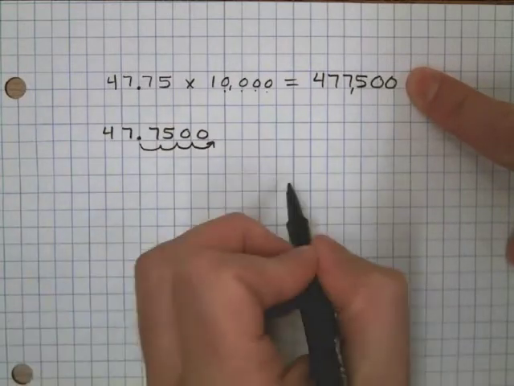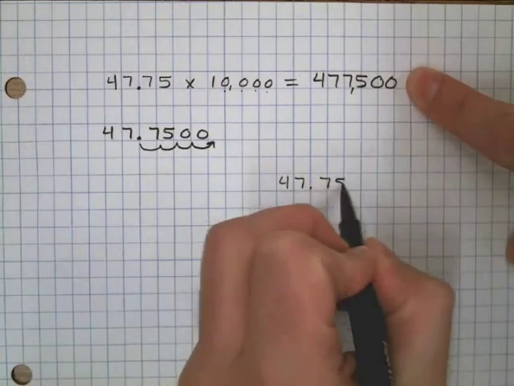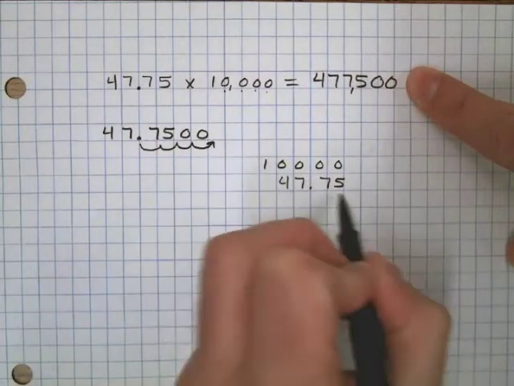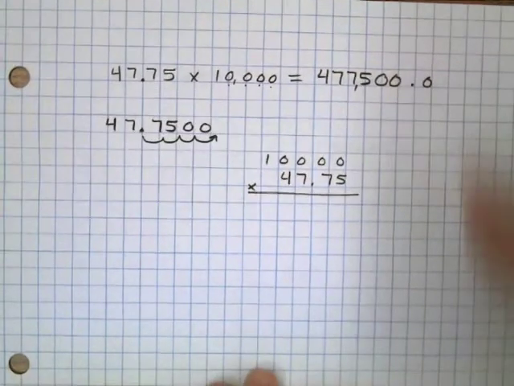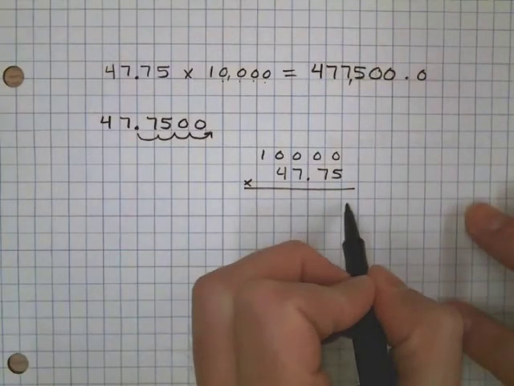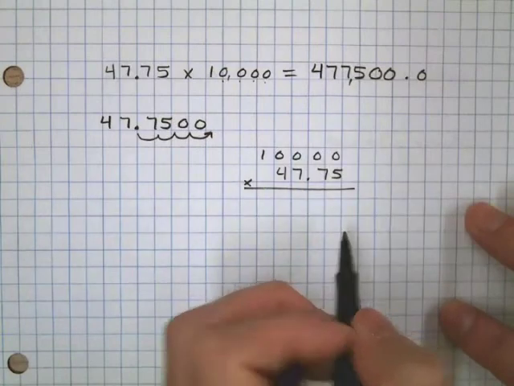Now if I wanted to go through the process and double check it all, I could multiply it out in a more standard format. And if I do that, I'm going to find that I come up with 477,500.